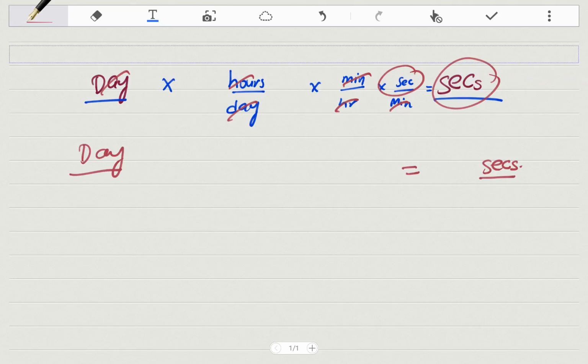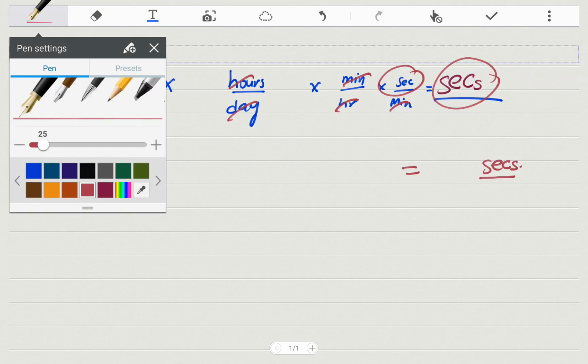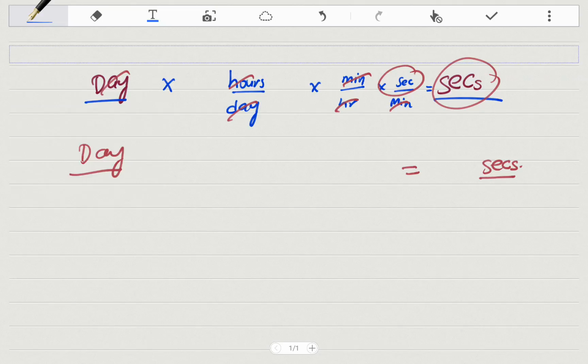You don't know the relationship, but you find the easiest, the closest relationship that connects these two things. You know hours will connect day, and hour is closer to second than day is. But you can't just multiply by hour and divide by day, you have to make it equal. So what you know, 24 hours is the same as 1 day.